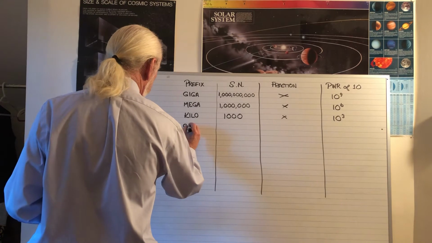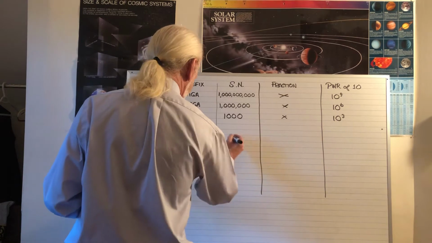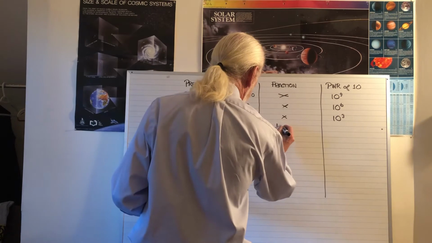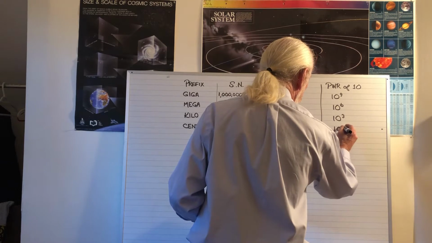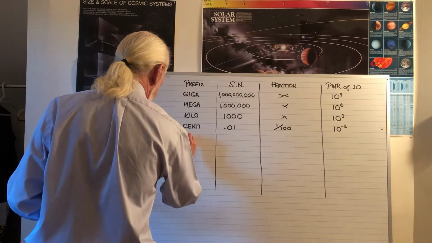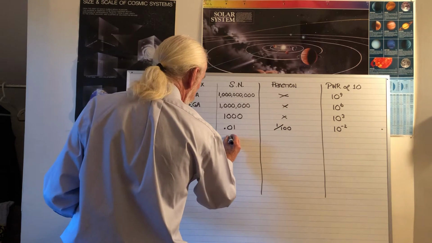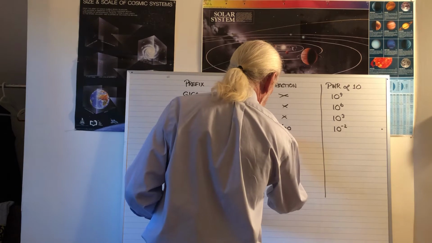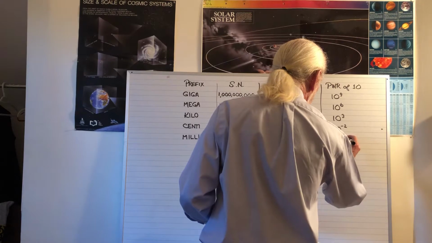Centi. Standard notation, 0.01. Fraction, that's 1/100th. 10 to the -2. Milli. Point 001. 1/1000th. 10 to the -3.